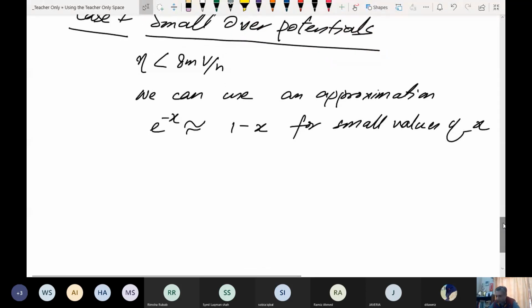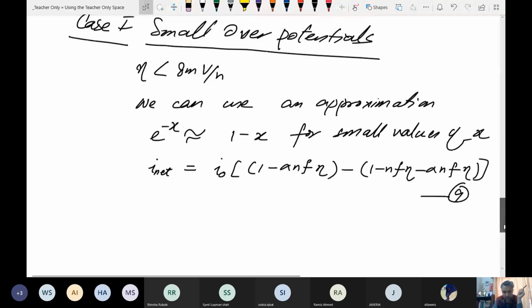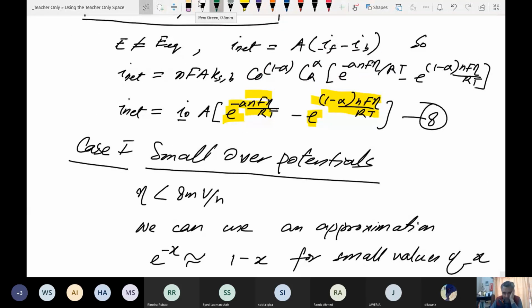In other words, you can write equation number 8 in a linear form, and we can say that the net current I net can be approximated to an equation, which is equation number 9. You also need to note that in this equation we have a small f, while in previous equations we were having a capital F. Here we made an approximation because in the equations above you can note that this term over here is also a constant.